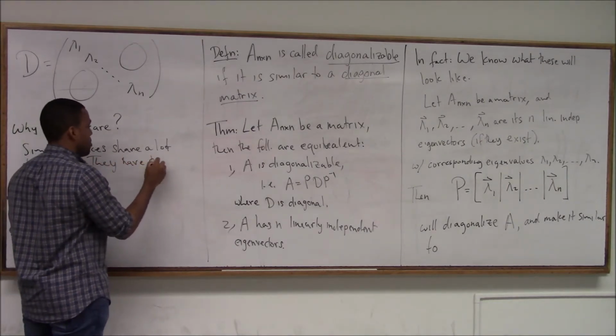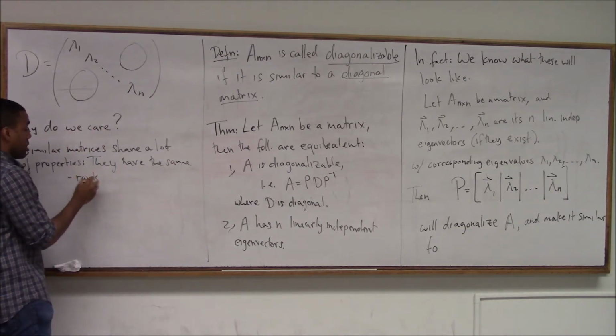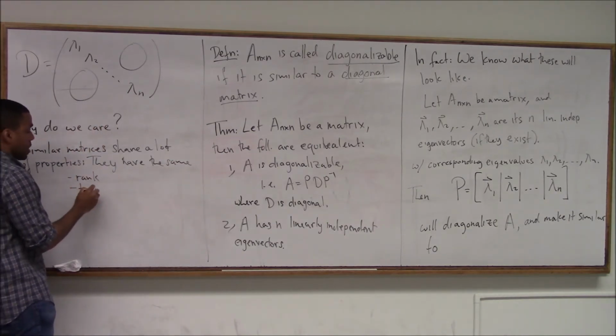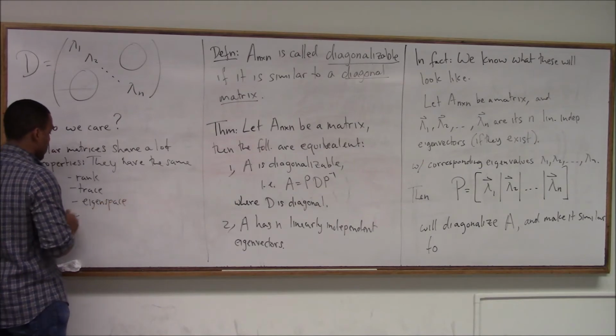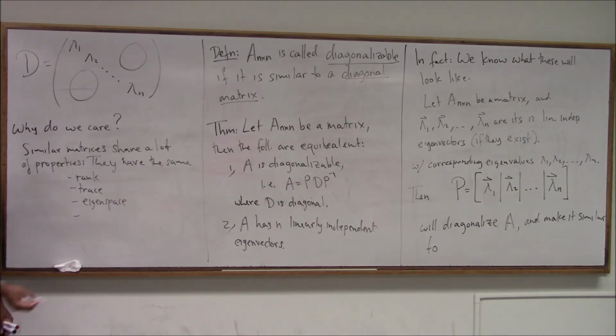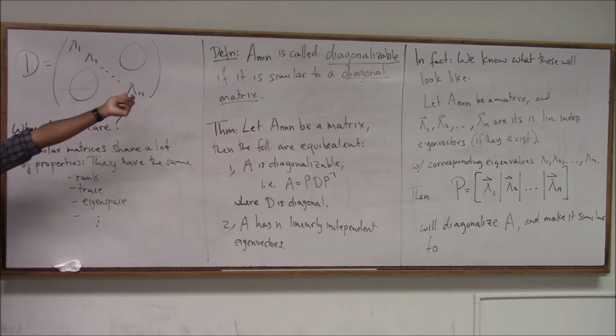They'll have the same rank, they'll have the same trace, they'll have the same eigenspace, a lot of things. In other words, when you have two similar matrices, in many respects, studying one of them is the same as studying the other one. And diagonal matrices are notoriously easy to deal with, right?